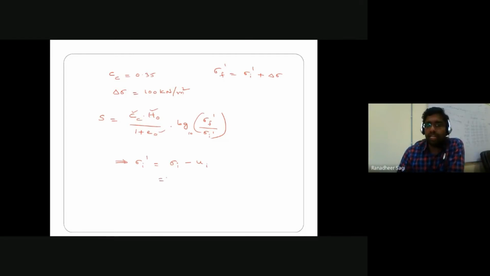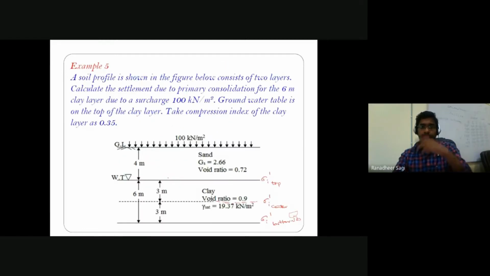Now, how do we calculate the total stress initially, before the application of the 100 kilopascals increment in stress? The total stress developed in the clay strata is going to be only because of the self-weight of the soil.